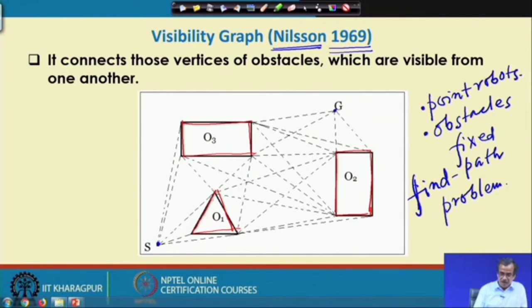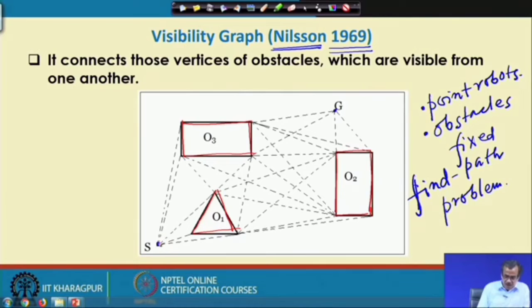But due to the presence of these obstacles, the robot will have to find out a feasible path so that it is not going to collide with the obstacle. The rule is very simple. The rule is as follows: it connects those vertices of obstacle which are visible from one another.